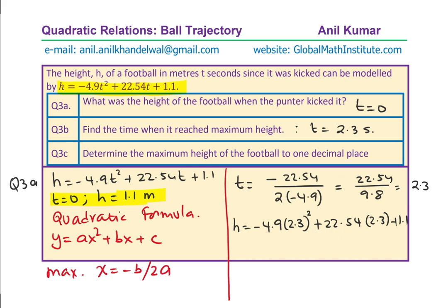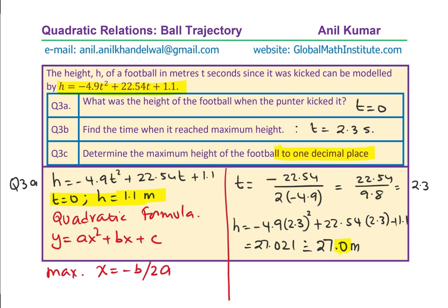And then we get 27.021, which is approximately equal to 27 meters. You get the height. They say one decimal place, so we'll have to write 27.0 meters. To one decimal place.